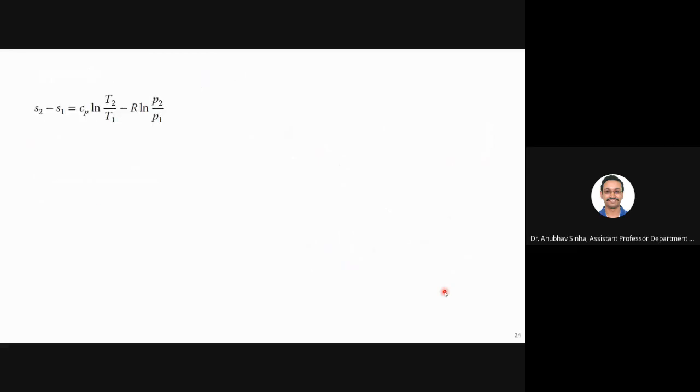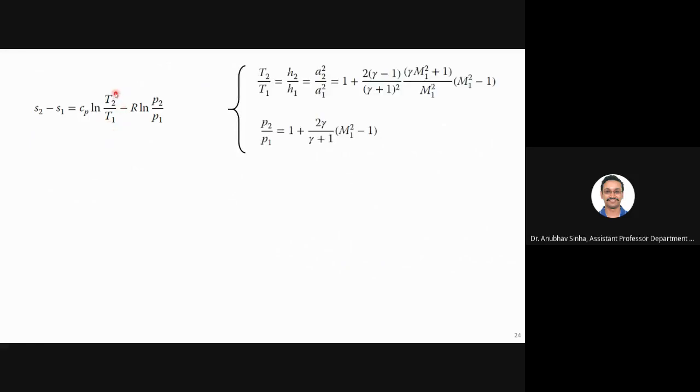Okay, now let us talk about entropy. So delta S, this is what we have written, we have already discussed when we talked about one-dimensional flow. So here, what do we need? We need to find entropy, delta S, we need temperature ratio and pressure ratio, right? So this is what we have already obtained in the previous slides. We know the relation for temperature ratio, we know the relation for pressure ratio.